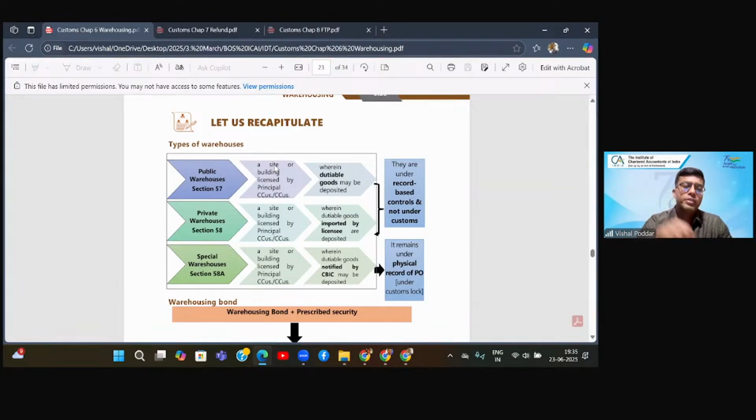So there is a facility in the customs law itself whereby you can defer the duty payment of these goods by following the warehousing procedure. So what is this warehousing procedure? We call it a warehousing procedure under customs.